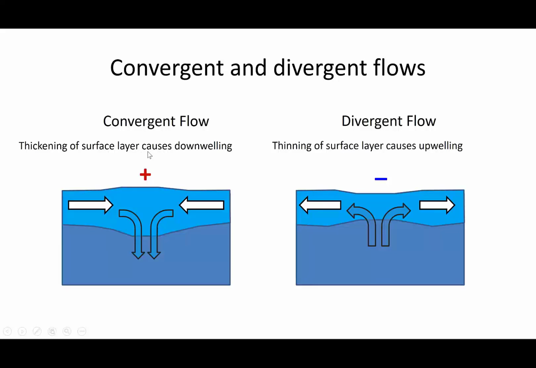So thickening of the surface layer is causing downwelling where we have convergent flow. Conversely, where we have divergent flow, where the currents are flying apart, we have thinning of the surface layer, and as a result, we have upwelling of water from depth into the surface layer of the ocean.